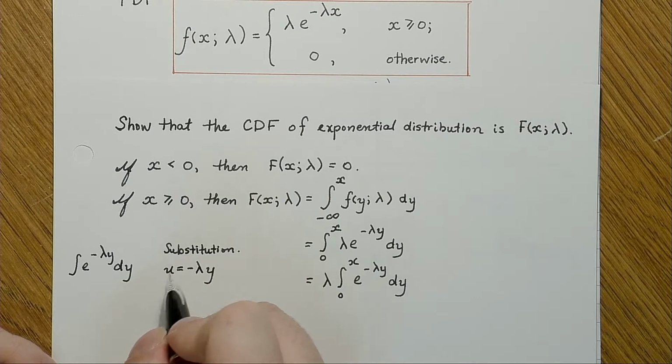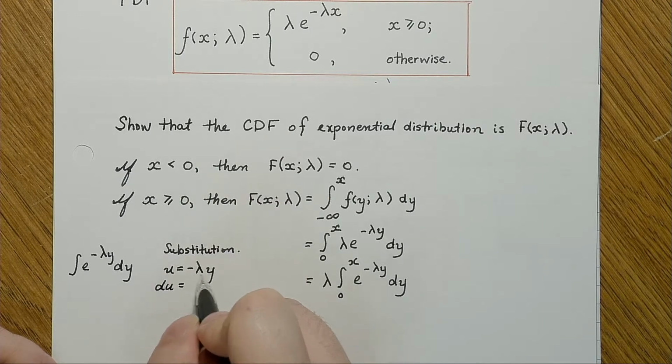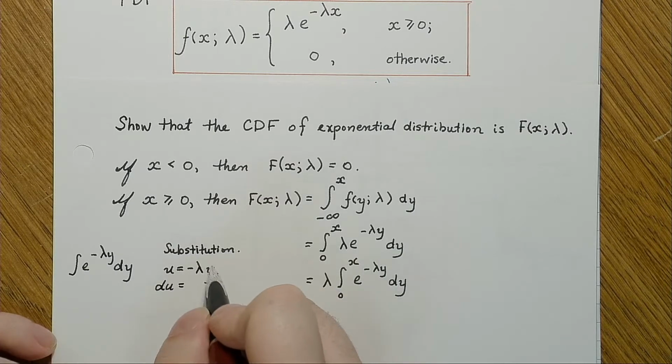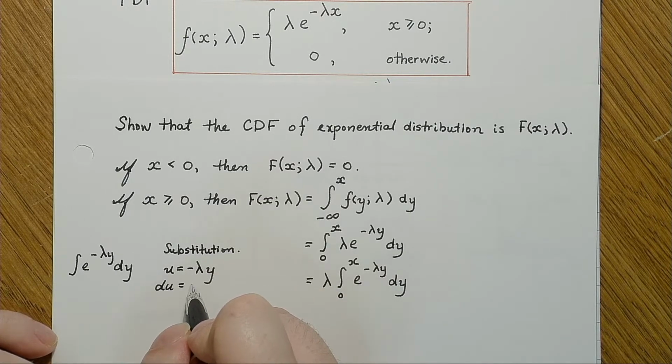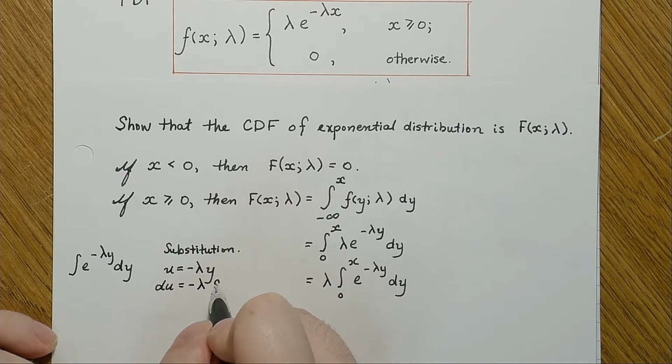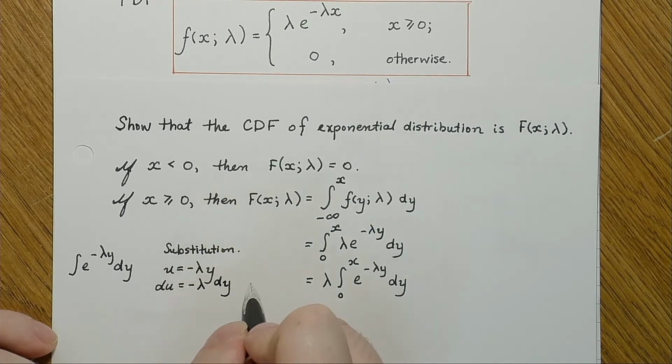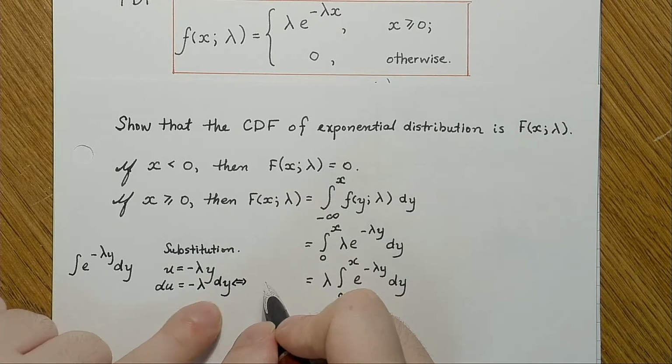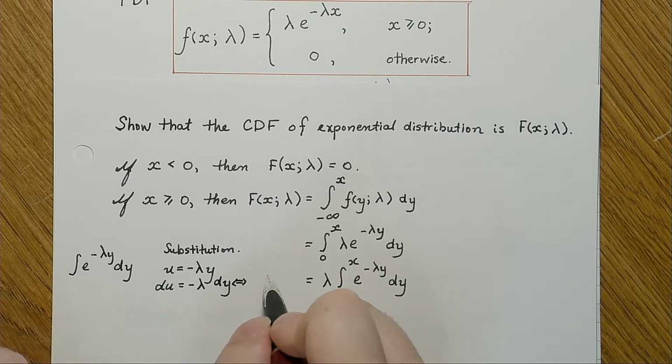And I also need my du. When I differentiate this, I get minus lambda dy. I need to rearrange that, bringing that minus lambda to the left-hand side.